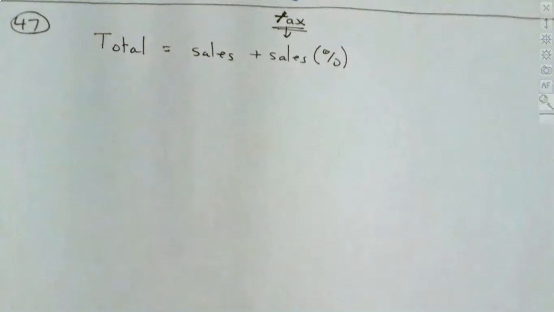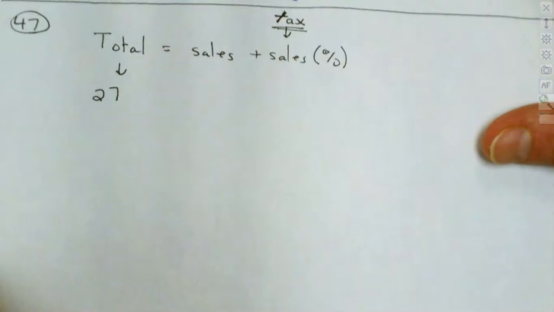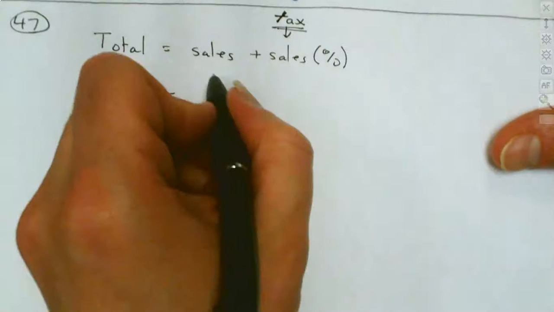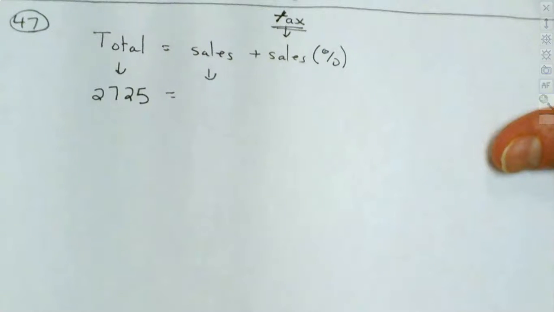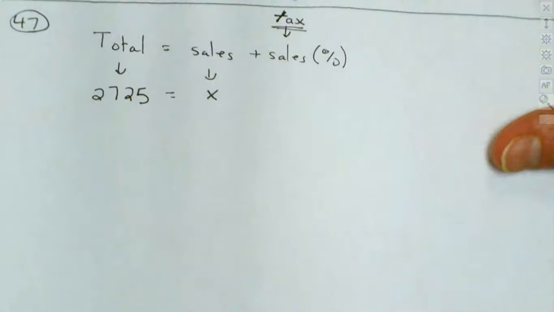Nothing new. We kind of know how this is going to work. We didn't keep track of our tax, and we have to do that. So when we put these all together, when we open up that register drawer, we found that we had $27.25 total. And we don't know how much money we made in sales, so that's going to be unknown.